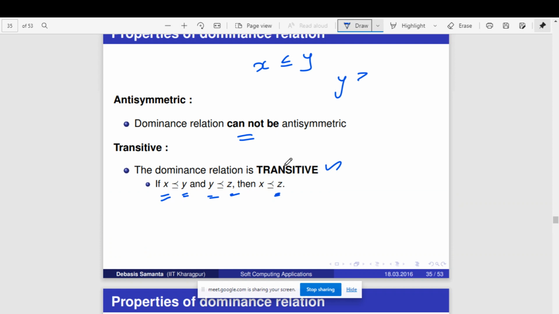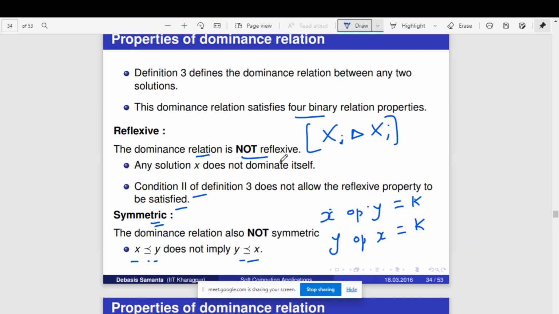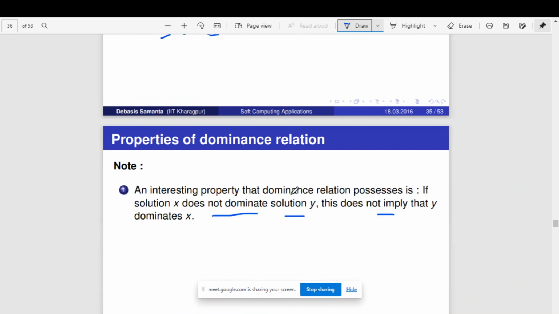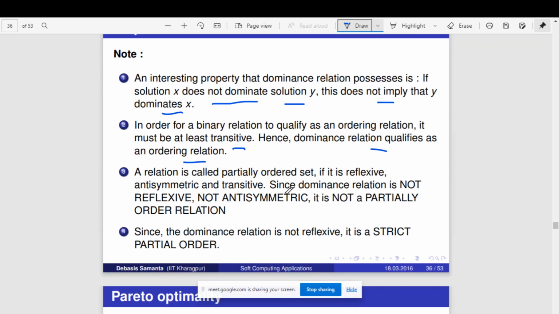That is, it is not reflexive, it is not symmetric, you cannot call it antisymmetric, but it is transitive. A relation is called a partially ordered set if it is reflexive, antisymmetric, and transitive. Since the dominance relation is not reflexive and not antisymmetric, it is not a partially ordered set.